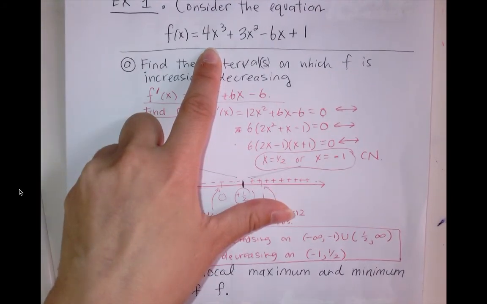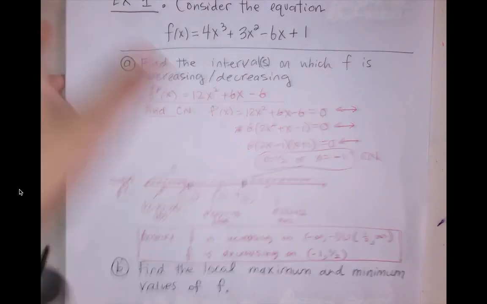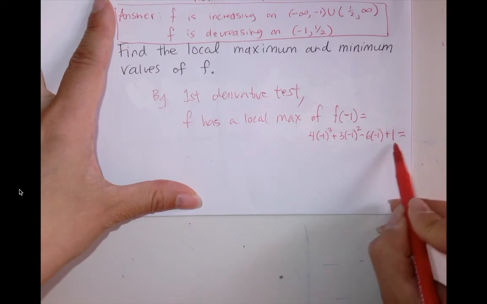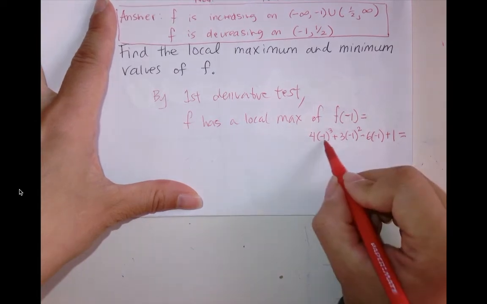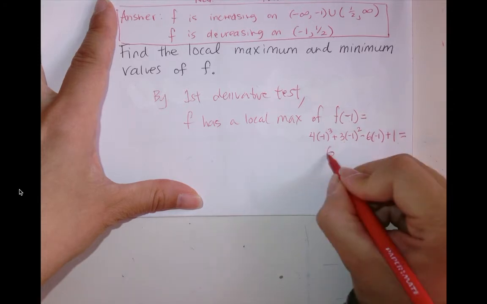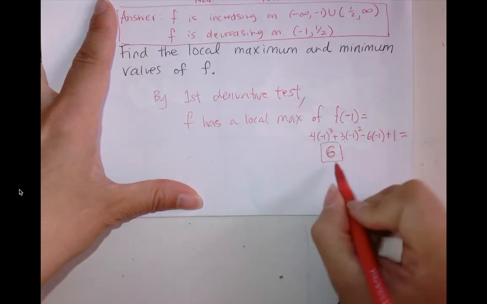So this is going to be 4 times -1 cubed plus 3 times -1 squared minus 6 times -1 plus 1. So that's what I have down here. Plugging into f, that's going to give me -4 plus 3, that's -1, so I get 6. So this is my local maximum value.